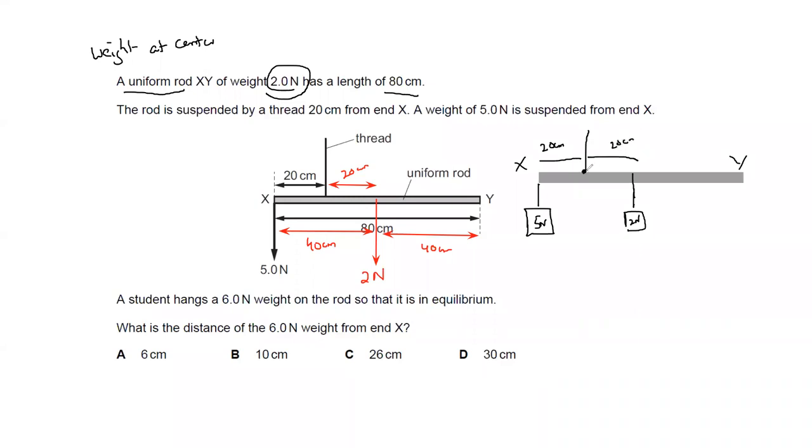So basically this is a pivot around which the object can rotate. Which direction will this 2 Newton cause a rotation? Clockwise or anti-clockwise? It is the same as the direction in which the hands of a clock rotate. So that is clockwise. And which direction will the 5 Newton cause a rotation?